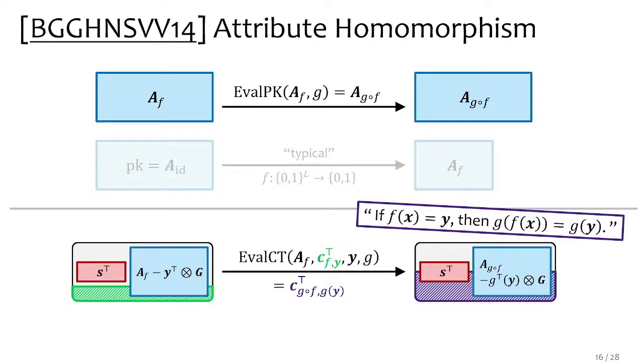And this is captured by the fact that if you know an encoding authenticating f(x) equals y, which is an LWE sample under matrix A_f minus y tensor G, you can apply any function g to it and obtain the LWE sample under A_{g∘f} minus g(y) tensor G. And during this homomorphic evaluation, the noise will grow exponentially with the depth of the circuit.